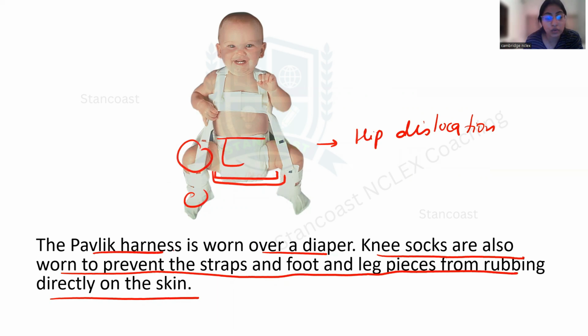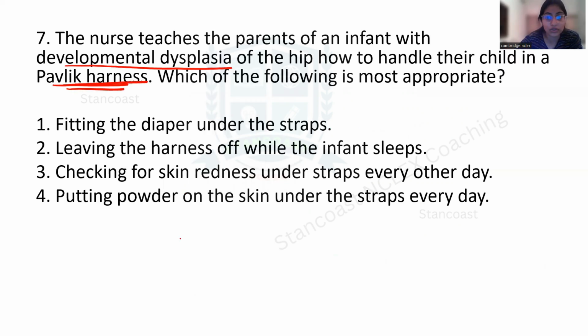Why so? We don't want to injure the skin. So we are going to prevent the Pavlik harness from rubbing directly on the skin. Now let's move back to the question, which is the most appropriate for the baby who is going to wear the Pavlik harness. First is putting the diaper under the straps. As we have already discussed, this is an important thing.